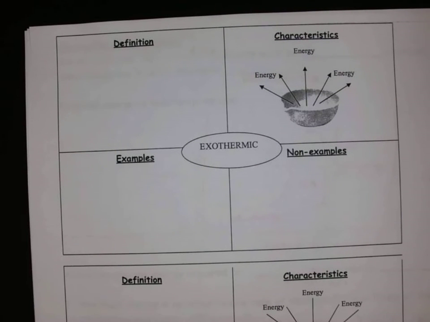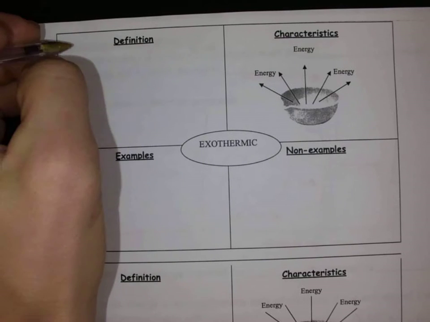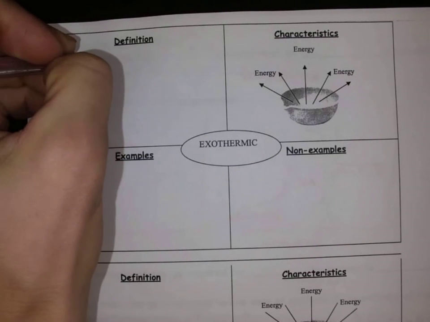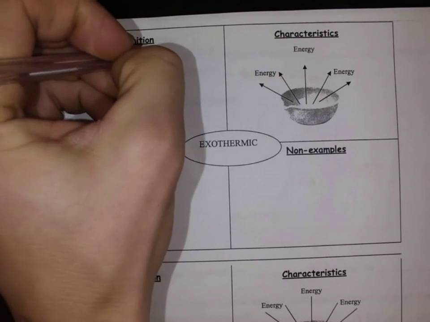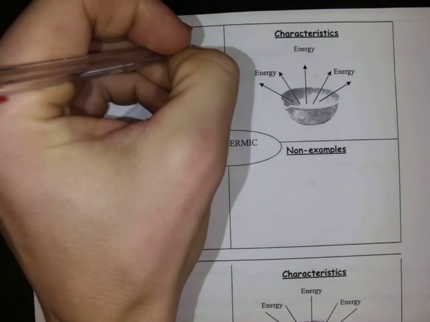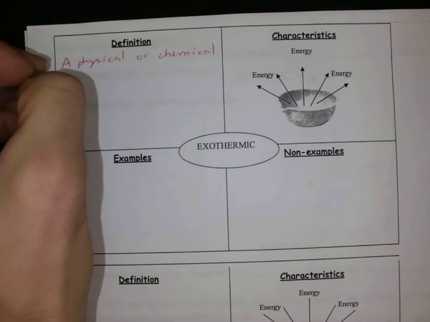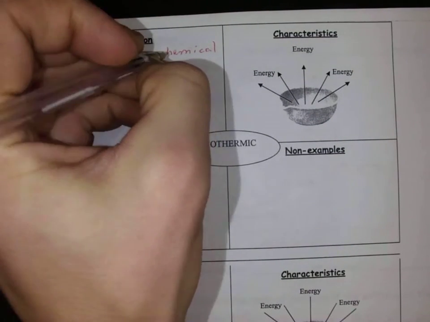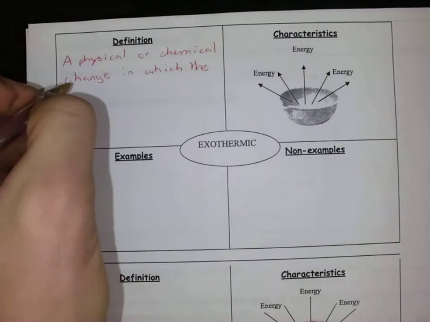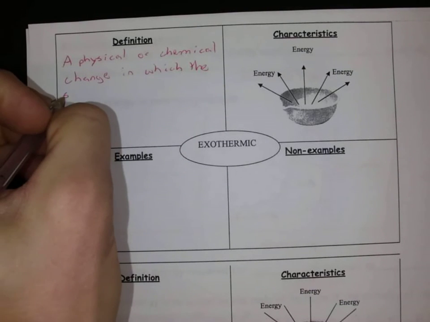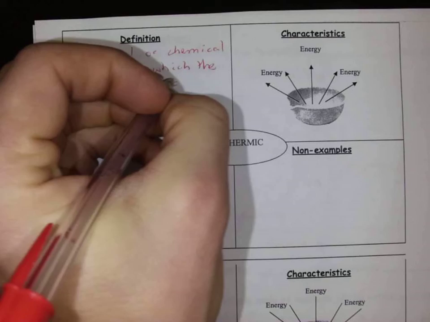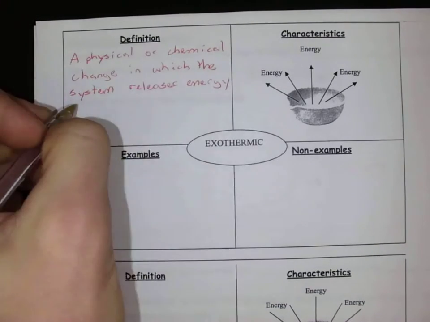All right, so now let's think about our exothermic and endothermic reactions, okay? So let's get our exact definition here. Our definition for an exothermic reaction would be a physical or chemical change in which the system releases energy to the surroundings.